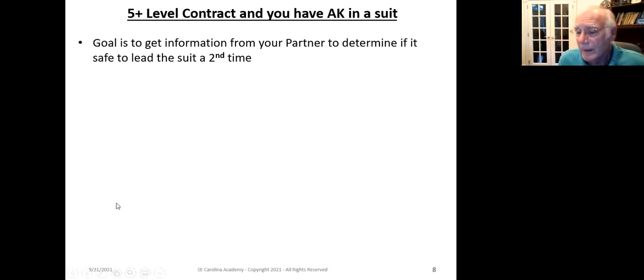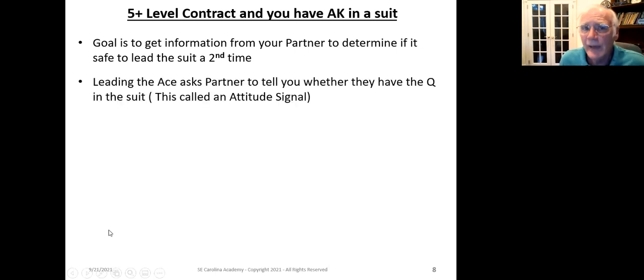So against the 5+ contract, there are 2 ways to approach this so that you are communicating with your partner. Remember, this only applies in 5+ level contracts. The most important thing you want to do is, one, find out if your partner has the queen. We're going to learn about attitude signals in about 2 weeks. So what you really want to do is say, hey partner, have you got the queen?